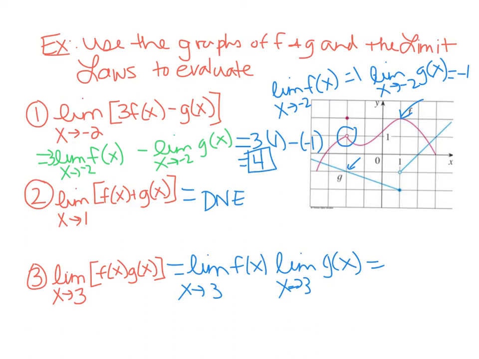So you'll find that the limit of f of x as x approaches 3 is going to be 0. It's this point right here. And for g of x, it's going to be 1. So my answer will be 0.